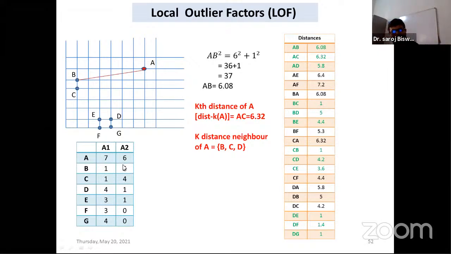Whenever an observation is represented by more than one attribute, we call it multi-dimensional data. Especially in machine learning, we deal with multi-dimensional data. Whenever an observation is characterized by more than one attribute, that is multi-dimensional data. Fine?